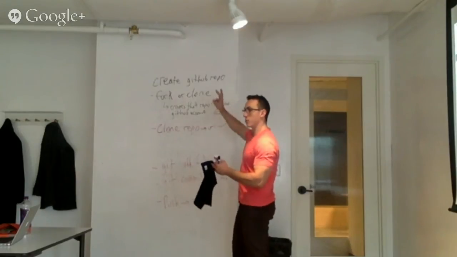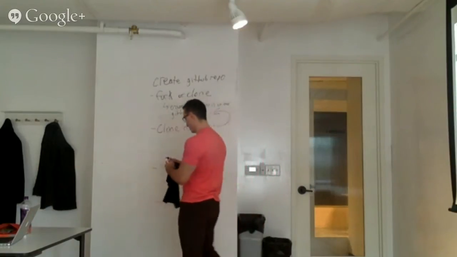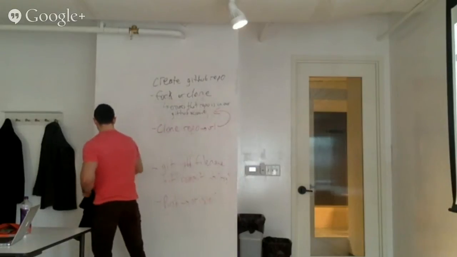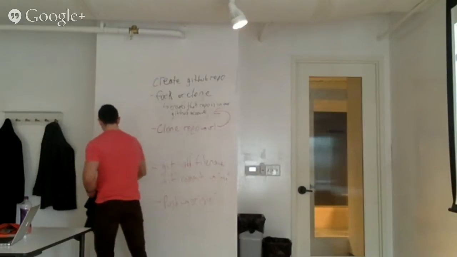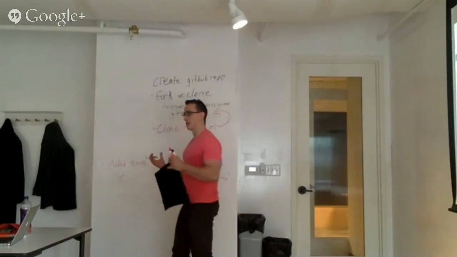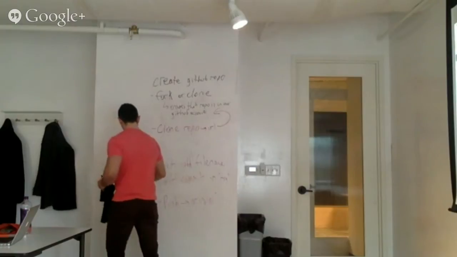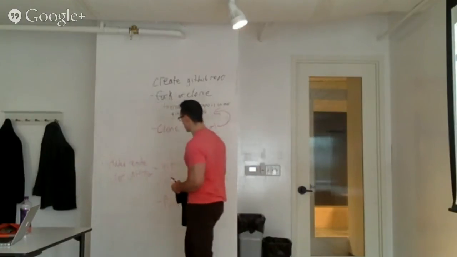Now to sync up with our remote, we also edit the remote, right? So edit remote. For what was the repo, the main repo that you guys are pulling from? Upstream. Right. So now we have two remotes.